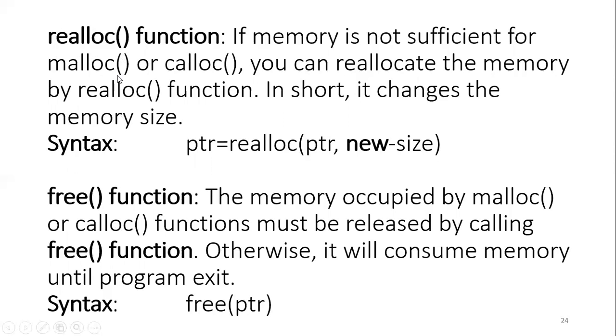First, the memory should be allocated by using the malloc or calloc function. By using realloc, we can extend the existing memory with a new size. The new size can be bigger or smaller.